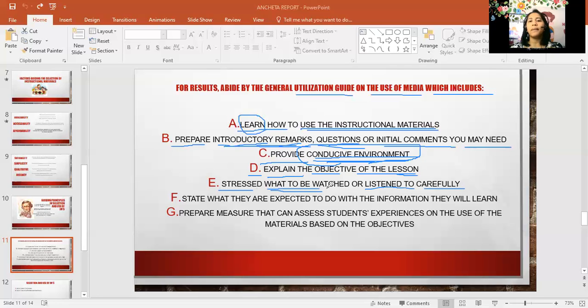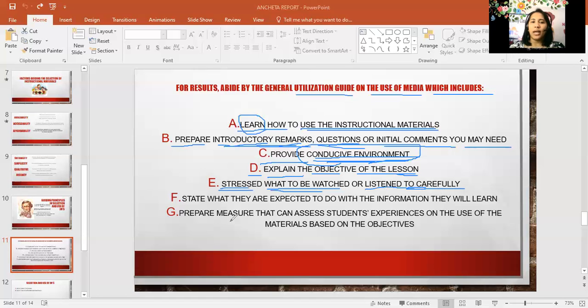You can tell your learners to take notes of the important things because you may give a quiz after watching a movie, or just to listen very carefully to the lesson, what the instructional material would like to imply, so that your learners would focus more on the movie or the video you are watching or on your report. So that is letter E.